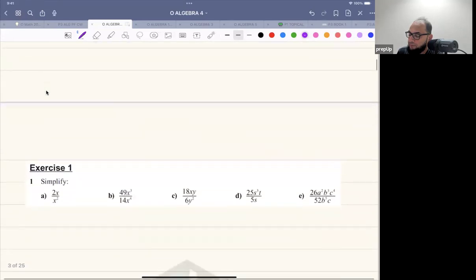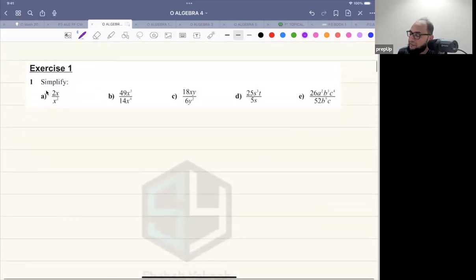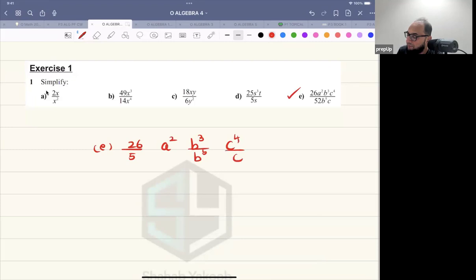Let's move on. Simple examples like these, I'll just do one of them. Something like part E. 26 over 5, a square over nothing, and then b cube over b power 5, and c power 4 over c.